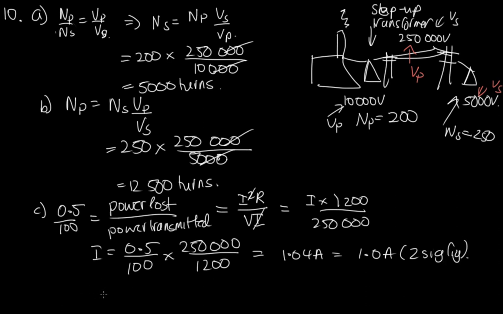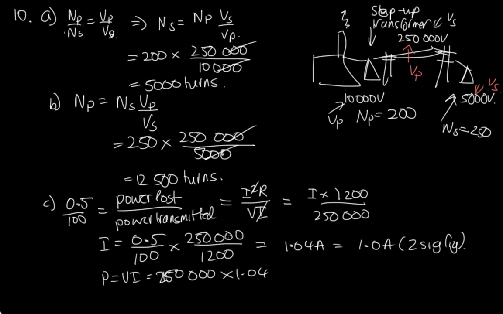And then we're asked how much power do they carry? Well, that's the power transmitted, so P is equal to VI, so that's equal to 250,000 times the 1.04. And solving that on the calculator, we get 260,000 watts. So that's how we solve that problem, and that's the end of this tutorial set.